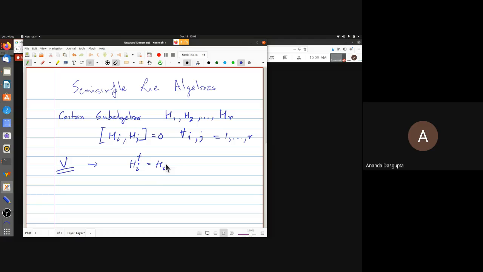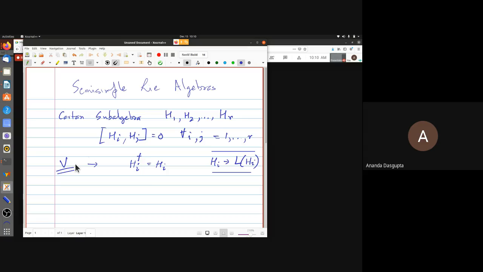And this is a big abuse of notation. What I really should use is not Hi, but this Hi really stands for some linear operator corresponding to Hi. That is, Hi are the abstract Lie algebra elements. What we are talking about are the corresponding representatives which are acting on that vector space.